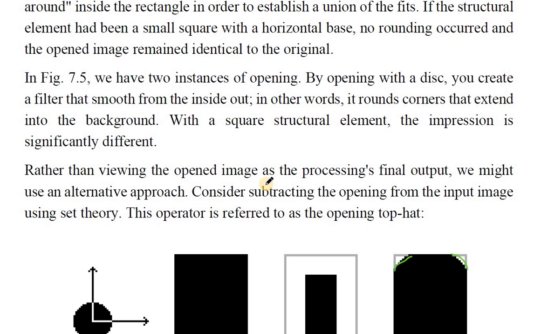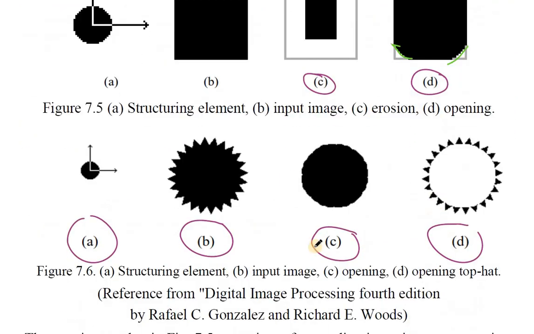If we subtract the opening from the input image using set theory, then this operation is called opening top hat. So the concept of opening top hat is very simple. You subtract your opened image, this is your opening image, from the original image.